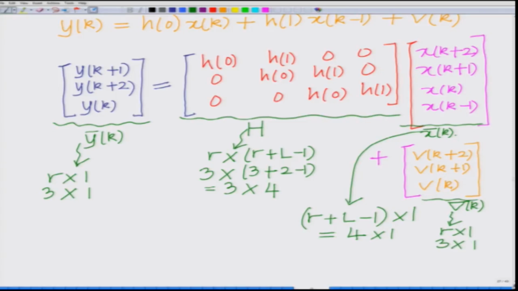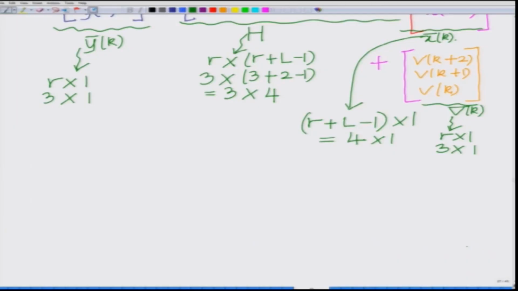So, I have the system model. Now, I have converted this into the vector form, in which I have the system model y bar k equals the matrix H times x bar k plus v bar k. Let me write that: y bar k equals H times x bar k plus v bar k.